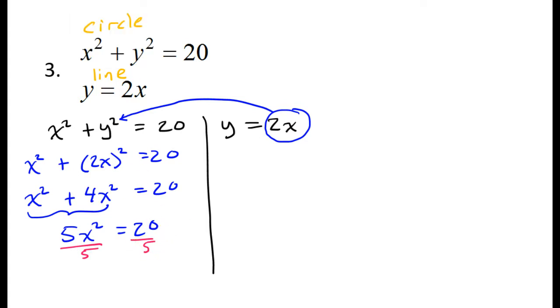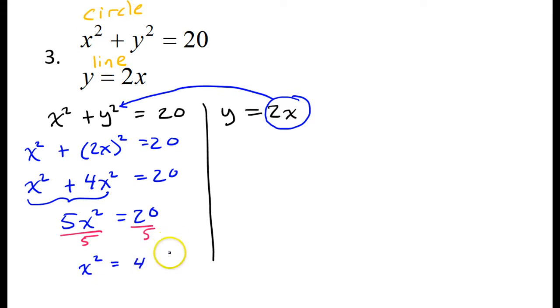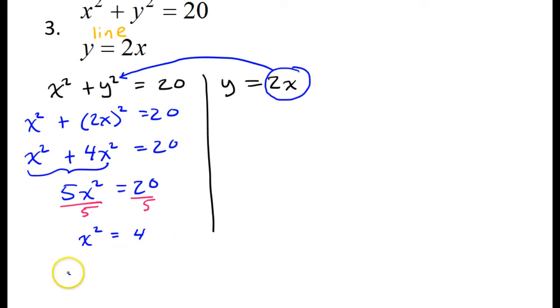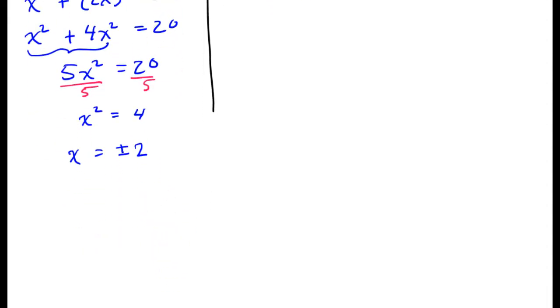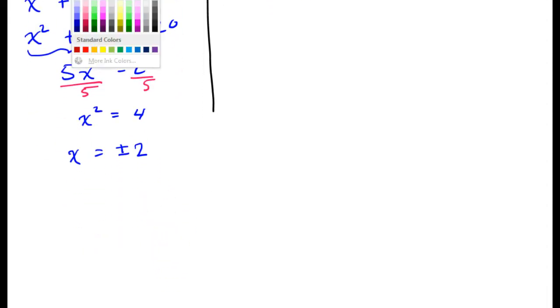So now I have x squared is equal to 4. If I take the square root of both sides, I have x is equal to plus or minus 2. Don't forget the plus or minus whenever you take the square root of both sides. So this is half of my solution.